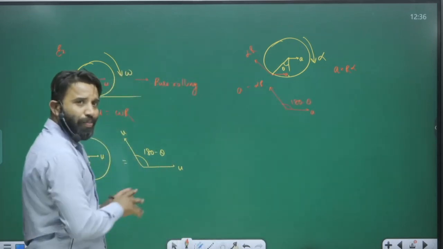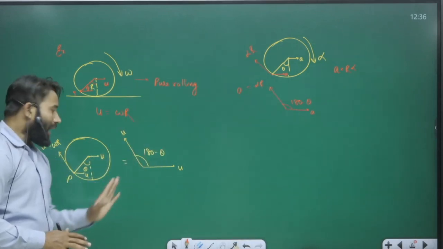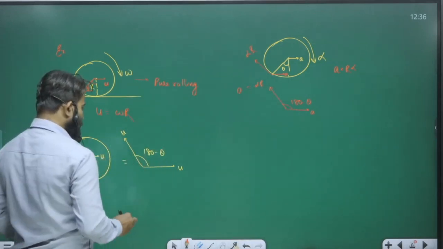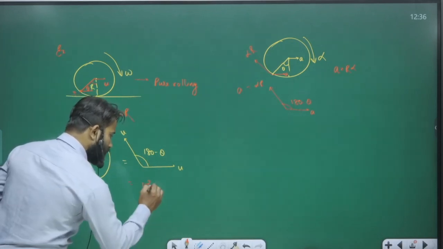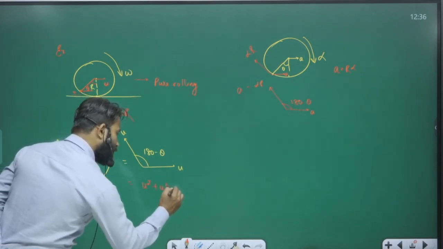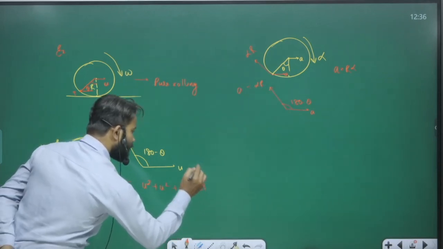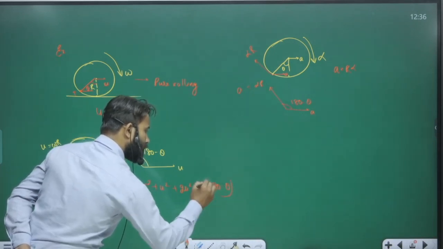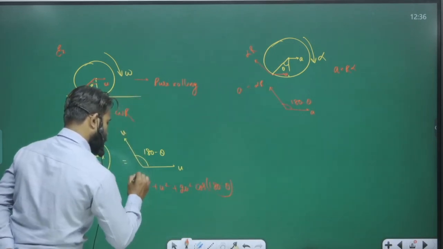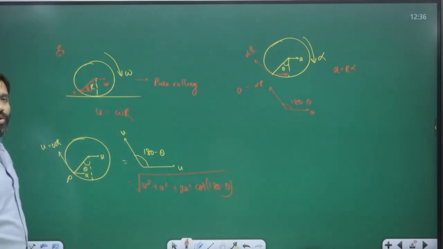So the result is applicable to both cases, for velocity calculation or for acceleration calculation. Now if you find the resultant, it will be written as under root of u square plus u square plus 2 u square cos of 180 minus theta. Is it okay?